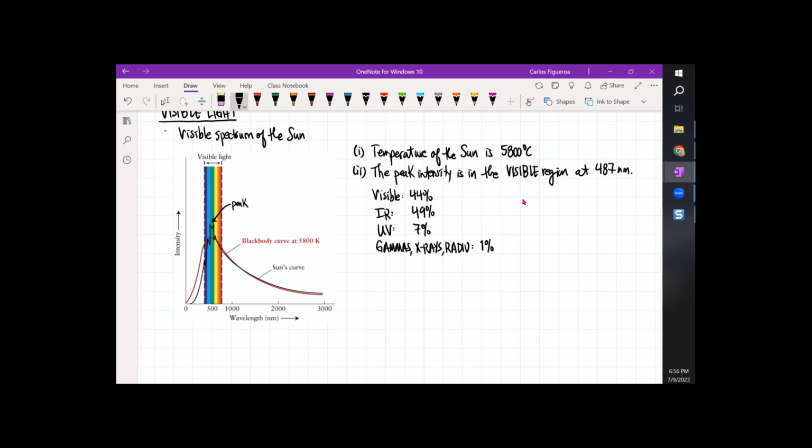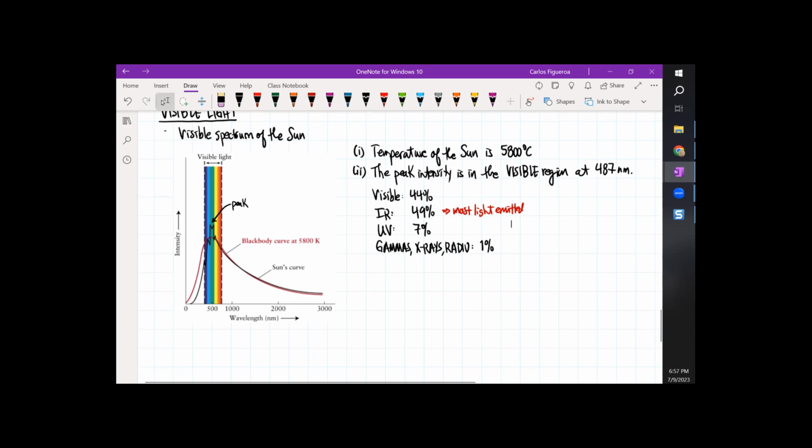So let's say 1%. So most of the light emitted is infrared, right? So that tells you how the breakdown of the light is.